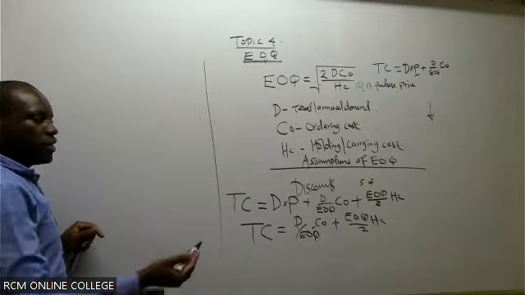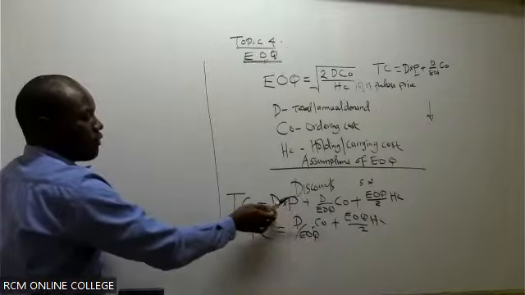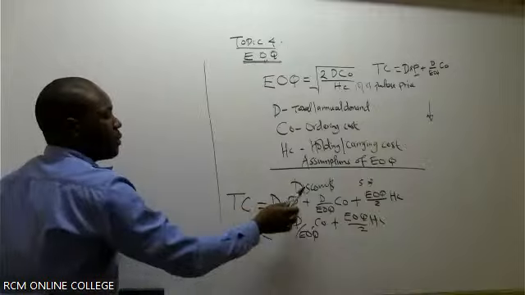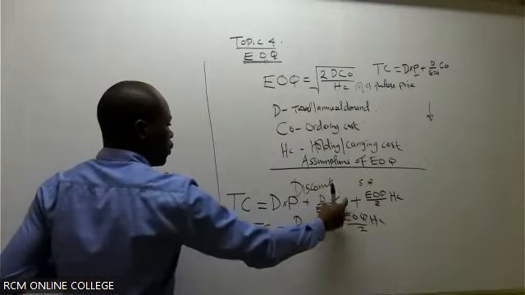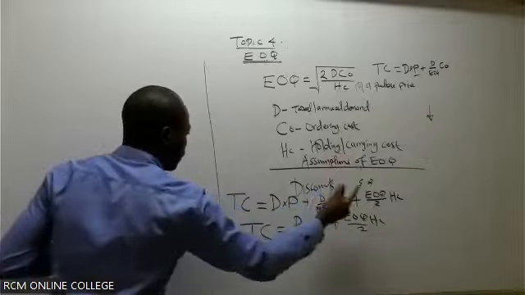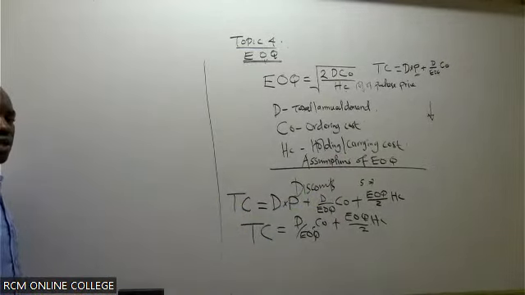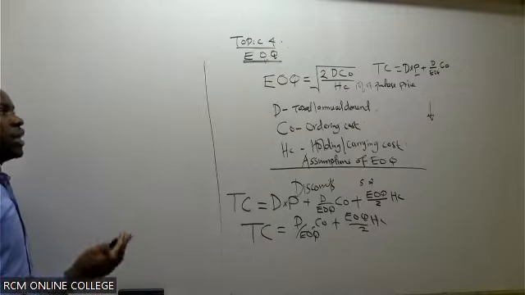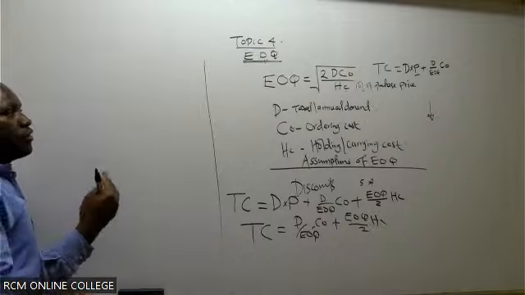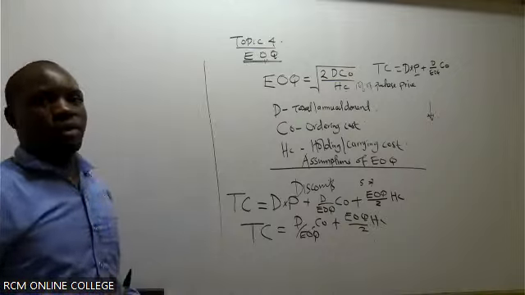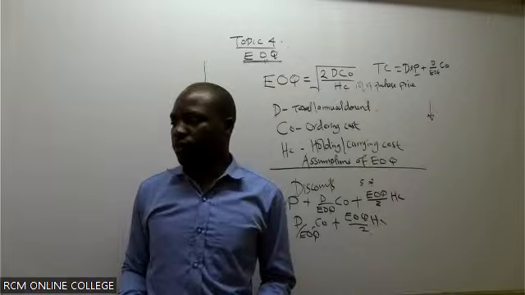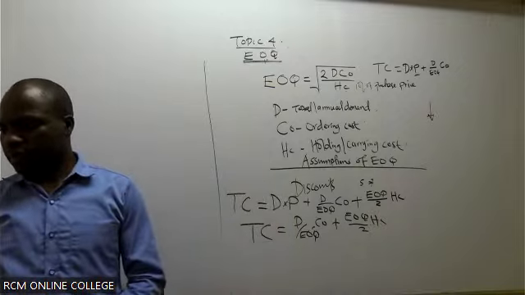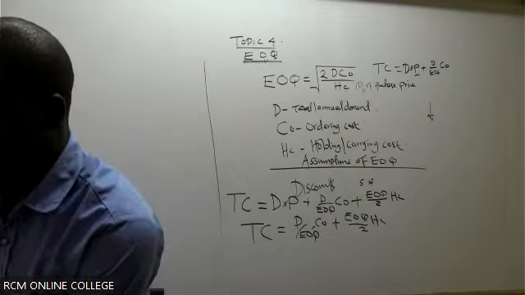In some cases they know this one here is constant, and therefore your total cost will not be affected by it, but will be affected by total ordering cost and total holding cost. So that is what we need to understand as we get to look at an illustration for this particular concept. So are we together up to that point? Are we together up to that point before we get to do a question?